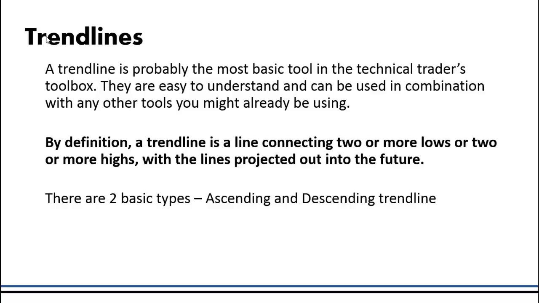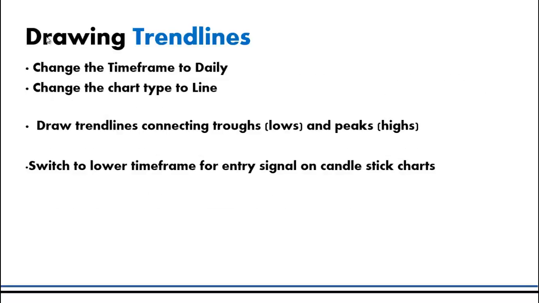There are two basic types of trend lines: the ascending and the descending trend lines. The ascending trend line is run in an uptrend while the descending trend line is run in a downtrend.